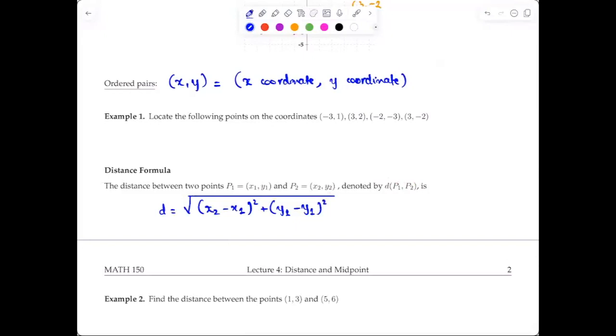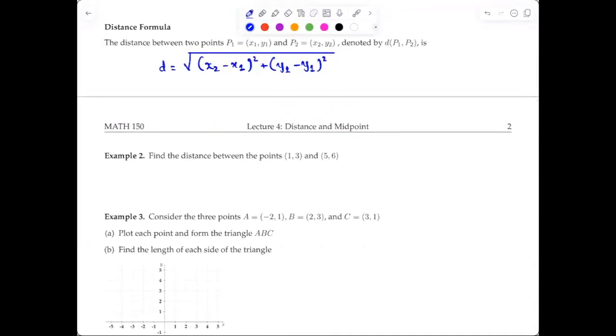Usually when you take the square root like this with the equal sign, you have plus and minus, but we're talking about distance, so we just need the positive. So the formula comes from the Pythagorean theorem. In this case, x2 minus x1 is the distance between the x values, and y2 minus y1 is the distance between the y values.